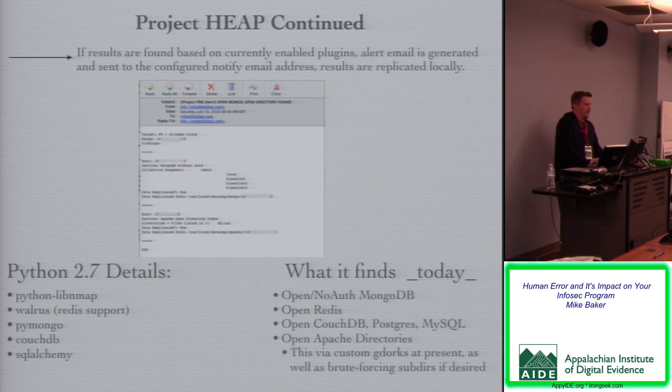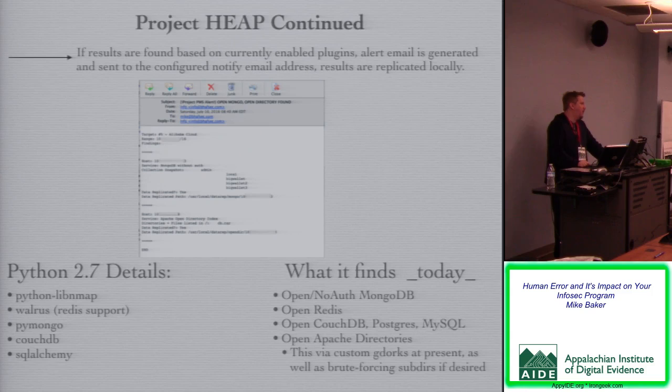So in this instance, there was an open MongoDB server that was found and had no auth required. And you can see it gives me basically the host, the location, what the actual vulnerable instance was, the server type, and if it was replicated locally on my scanning box storage system, the local path on my system.